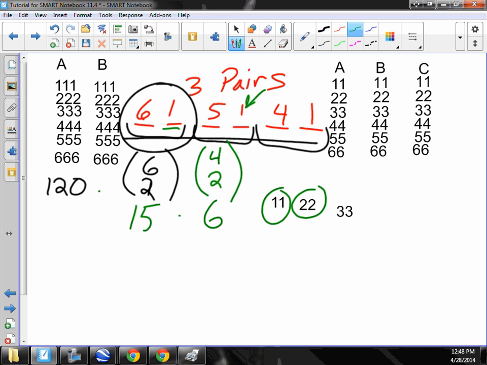But where did those digits come from? Okay? Where did these digits come from? What group? It came from A and B and C. But is that the only way to create 1, 1, 2, 2, 3, 3?